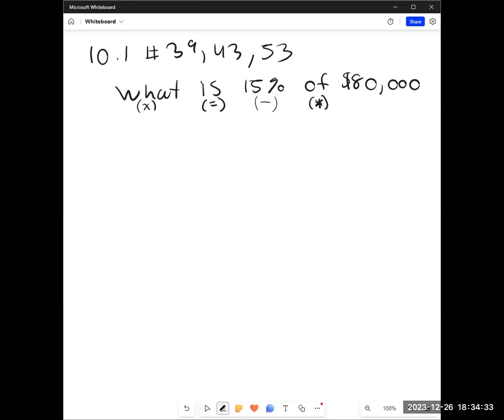So remember, that's like 15 over 100, or 15% as a decimal, like that. And there's my 80,000. So my equation turns into X equals 0.15 times $80,000. And that is $12,000.